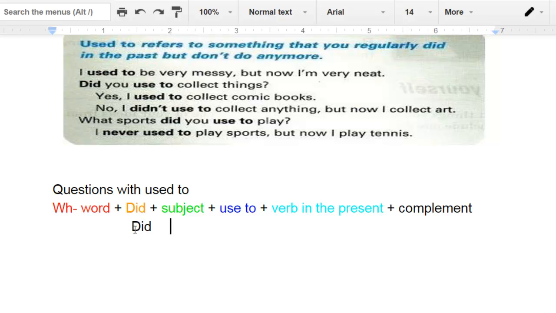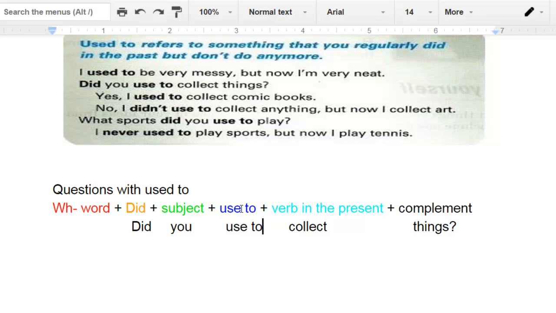So, did you used to, and it follows the verb in the present, collect things. Did is the auxiliary that we're going to use, and then that follows the subject. In this case, it happens to be you. That is going to follow used to.